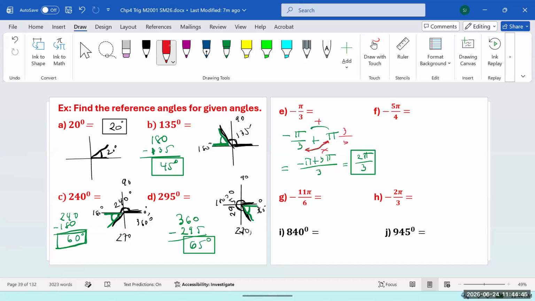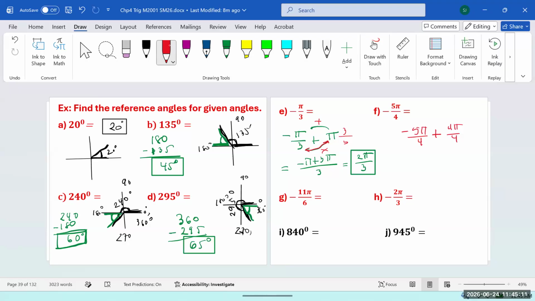And then for the next one, we have minus 5 pi over 4. Which is it closer to? If you want, you can think this way: 5 pi is closer to 4 pi, right?